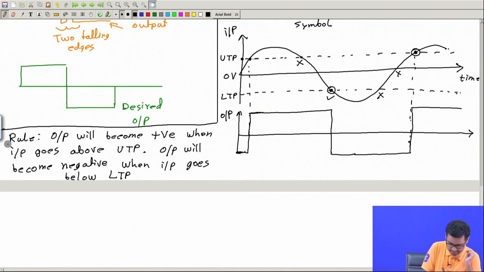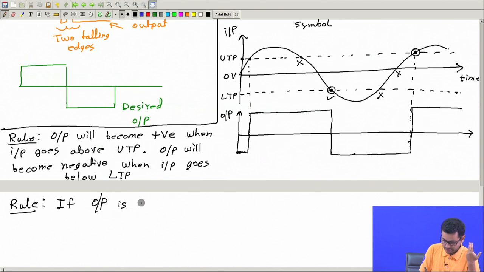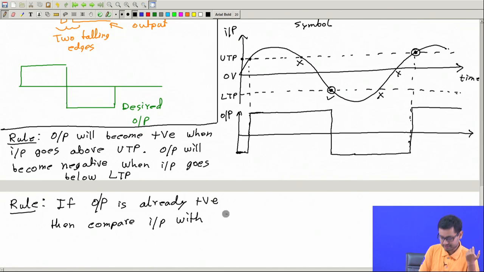Okay, so I may also write a few more words. So this is the rule actually. So if output is already positive, then compare input with, can you guess?